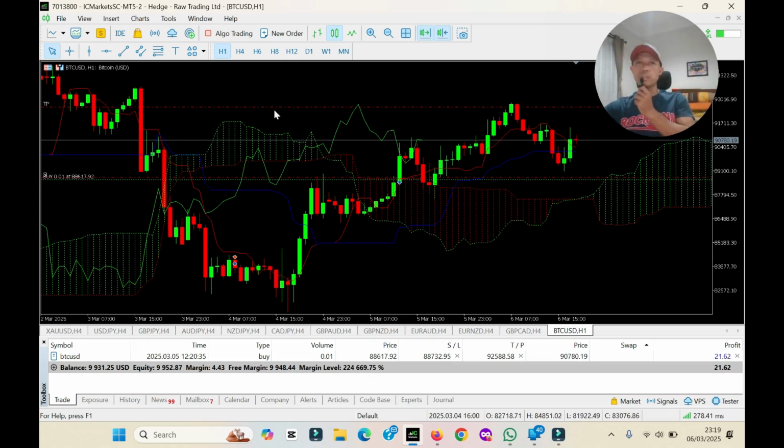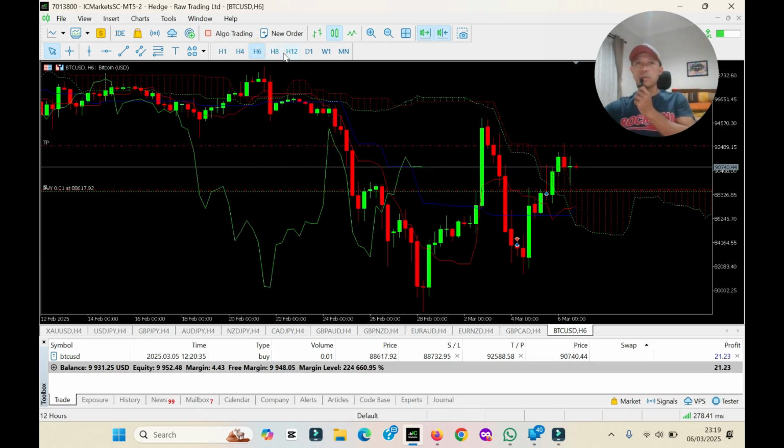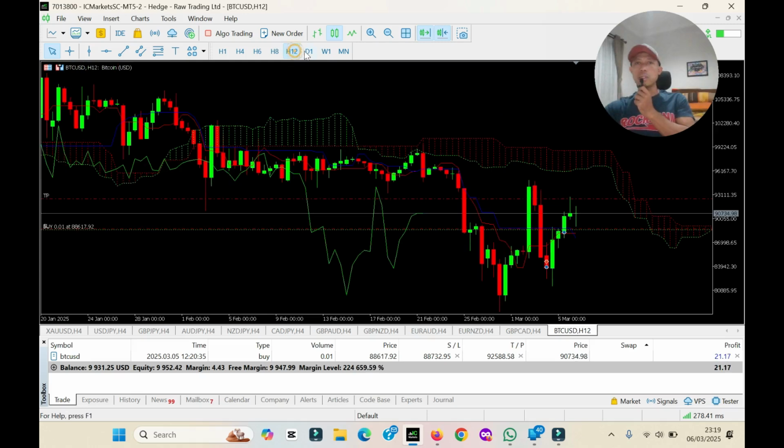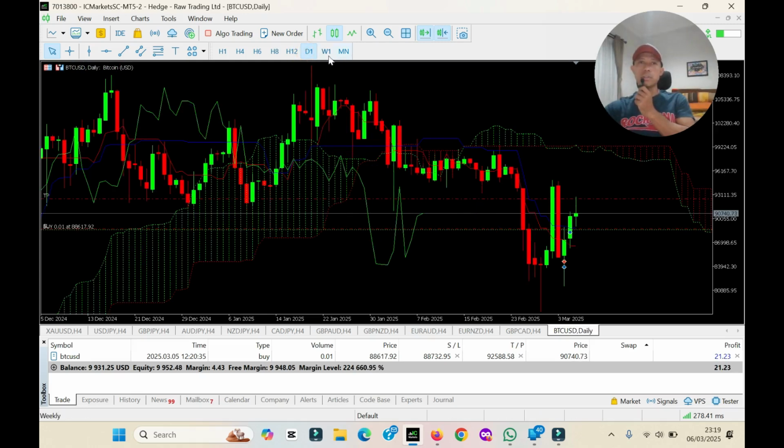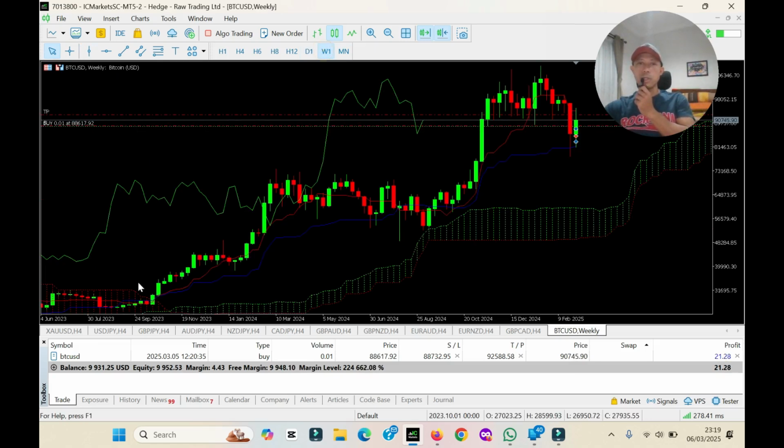If you check the Bitcoin chart, it's just up and down. On the daily chart you can see Bitcoin moving sideways in December. This is sideways on the daily chart. On the weekly, the good thing is the price is always going up, bullish, bullish, bullish all the time.